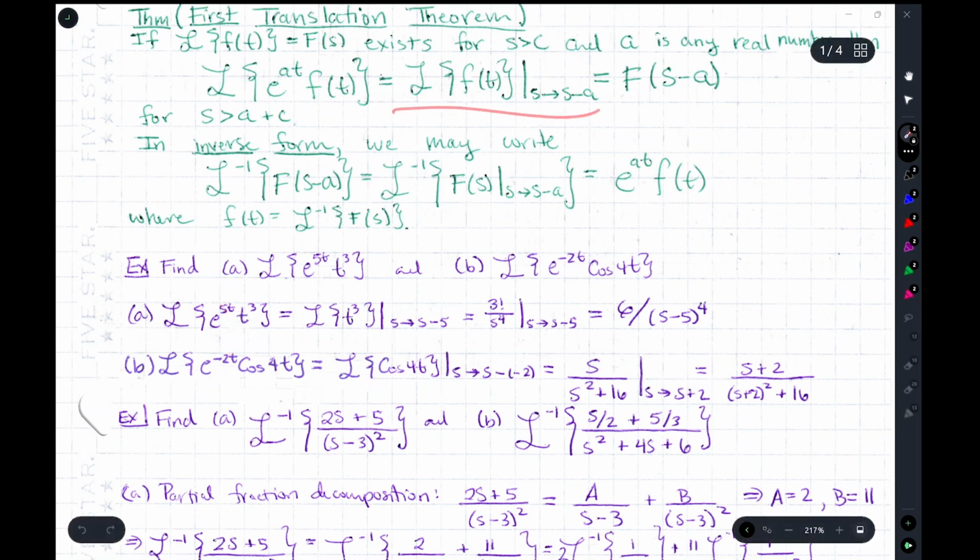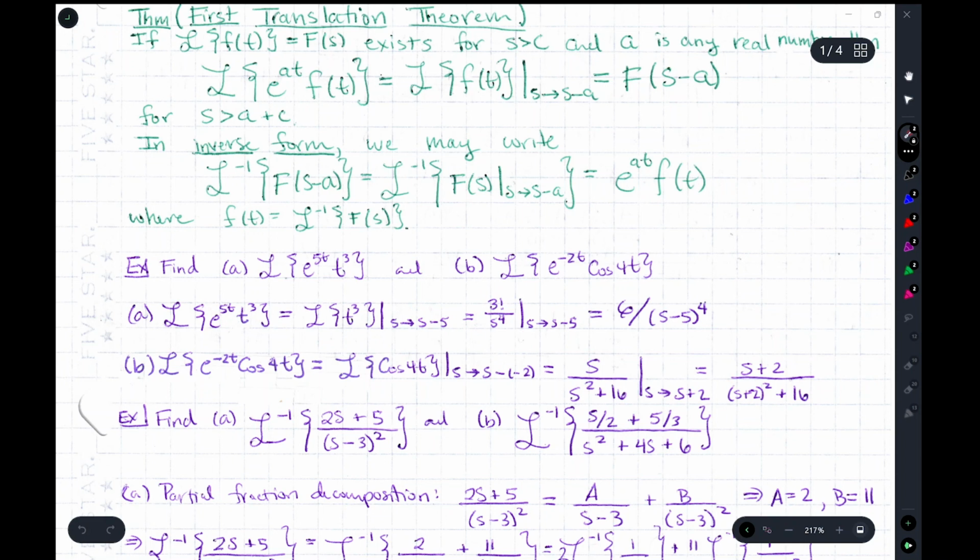And so using this form, we have that this is equal to the Laplace transform of the function, where we're going to substitute s minus 5 instead of s, okay? And we know the Laplace transform of t cubed, it's 3 factorial over s to the 4th.